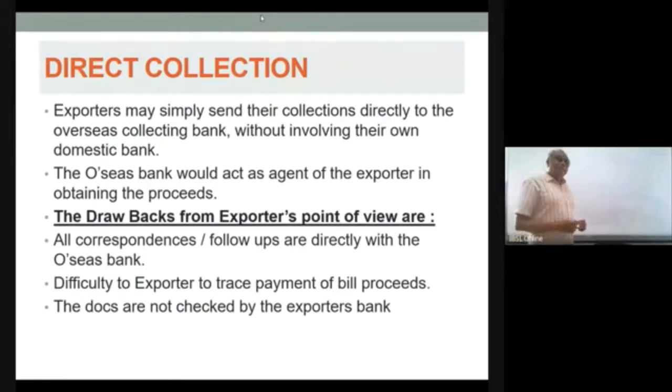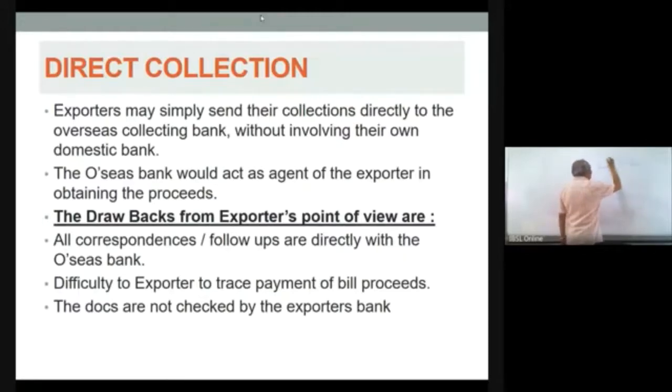The other one is direct collection. Direct collections: the exporters may simply send their collection directly to the overseas collecting bank without involving their own domestic bank. Right? Now, we have a buyer and a seller, and between them we have a contract.